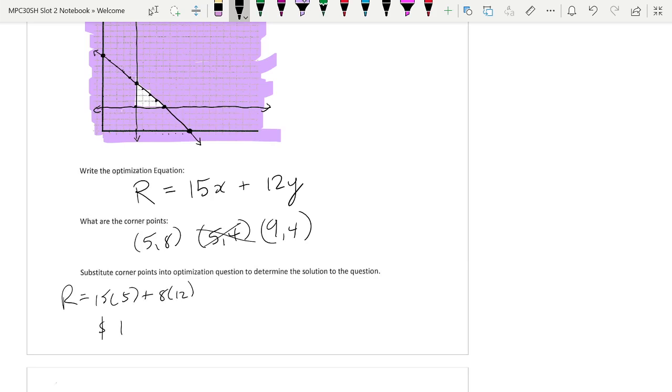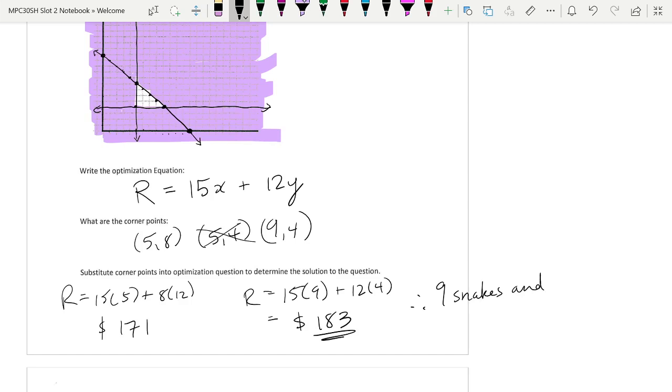That's $171. My revenue, if I had 9 X's and 4 Y's, would be, not by a lot, but 183. Therefore, I should keep 9 snakes and 4 lizards in stock to maximize my potential revenue.